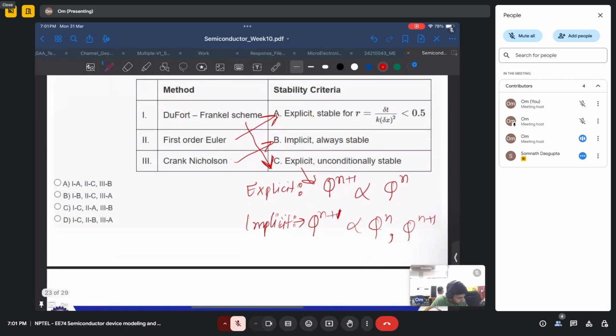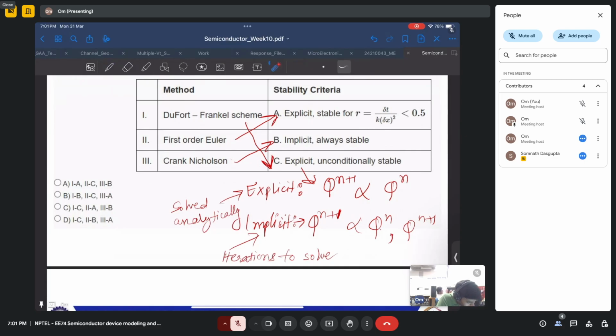So this needs numerical iterations to solve. This can be solved directly. Okay. So the answer to this will be 1C, 2A, and 3B, which is option C.